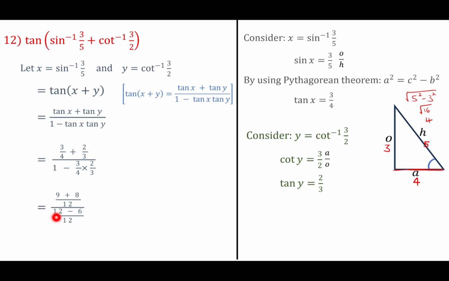And 12 divided by 1 is 12, and 12 times 1 is 12. Minus, 12 divided by 12 is 1, 1 times 6 is 6. So the numerator's denominator and the denominator's denominator will be the same, and I can cross them out. So the final answer is 8 plus 9 is 17 and 12 minus 6 is 6. That is our final answer.